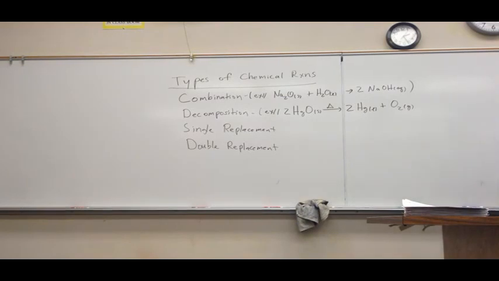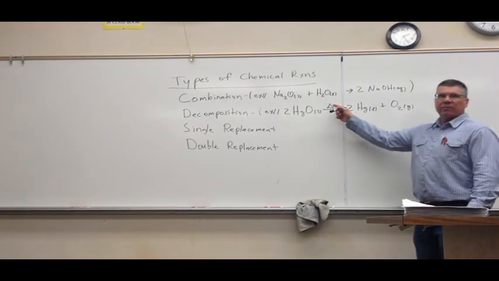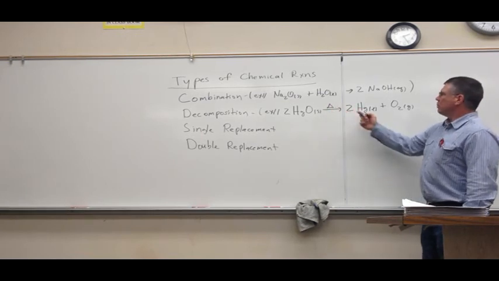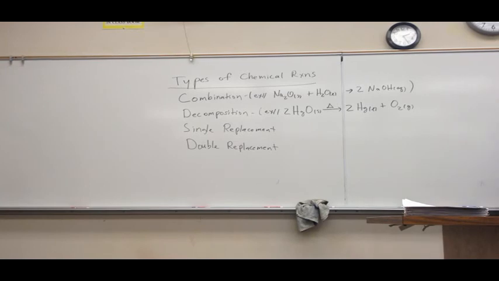For instance, mercury(II) oxide. This triangle just means that you have to heat it up to make it happen. Heat makes liquid mercury and oxygen gas.